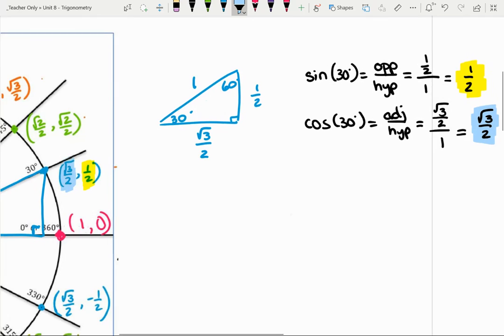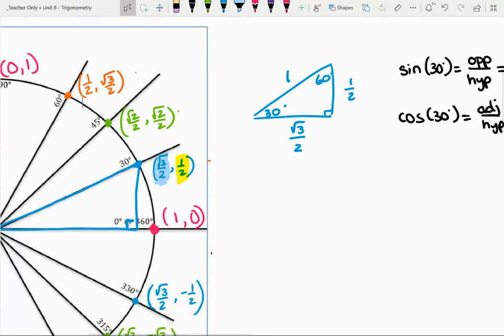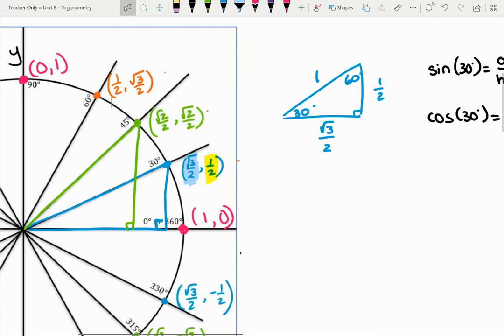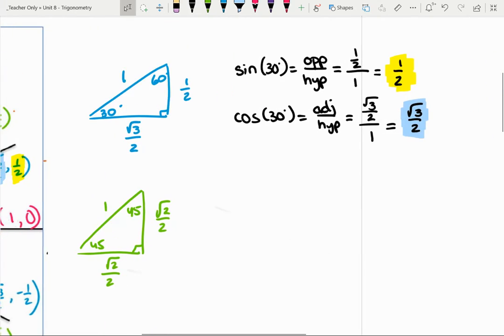Let's take a look at another triangle here. Let's take a look at our 45-degree angle. And again, I'm going to redraw this. So my legs are root 2 over 2, and my hypotenuse again is 1 because it is the unit circle.